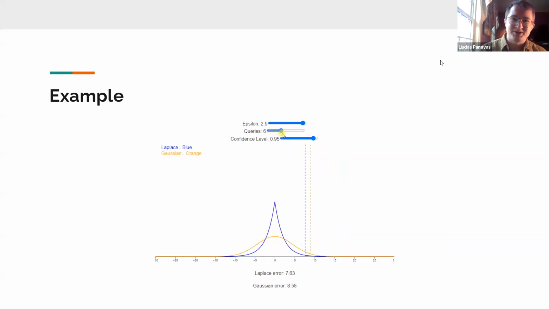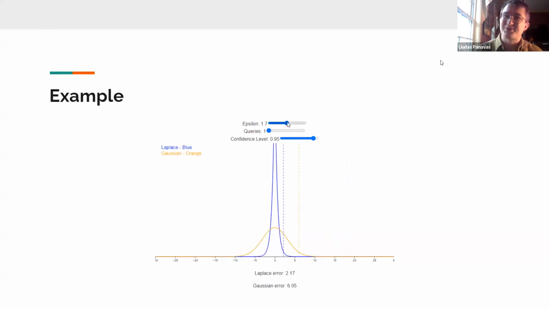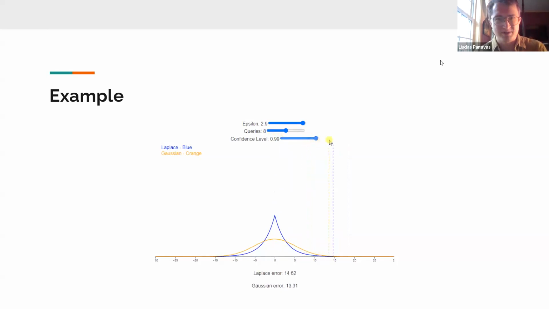And looking at that, you can see that, for instance, the amount of composed or joint queries most affects the decision to either use Laplace or Gaussian, and then same with the confidence level. But allowing someone to just mess around with the sliders rather than implementing a whole code block or reading through a textbook, they can get a more intuitive understanding of which mechanism might be best, or which choices might be best.